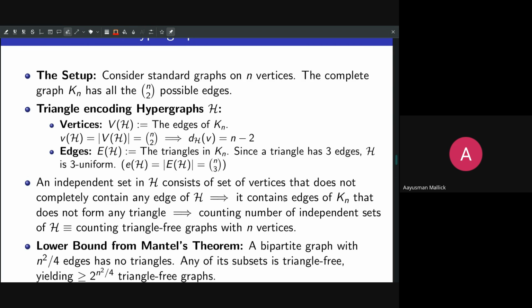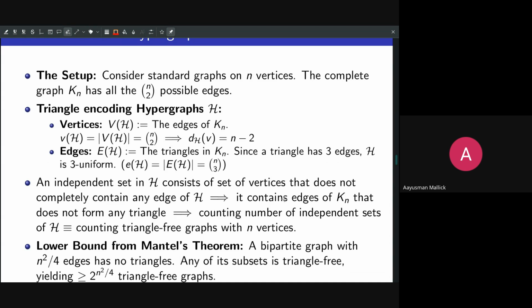Now, when we are trying to count those subgraphs, we are translating this problem into hypergraphs with the construction that the vertices of the hypergraph are nothing but the edges of the complete graph Kn on n vertices, and we are considering edges to be triangles in Kn.